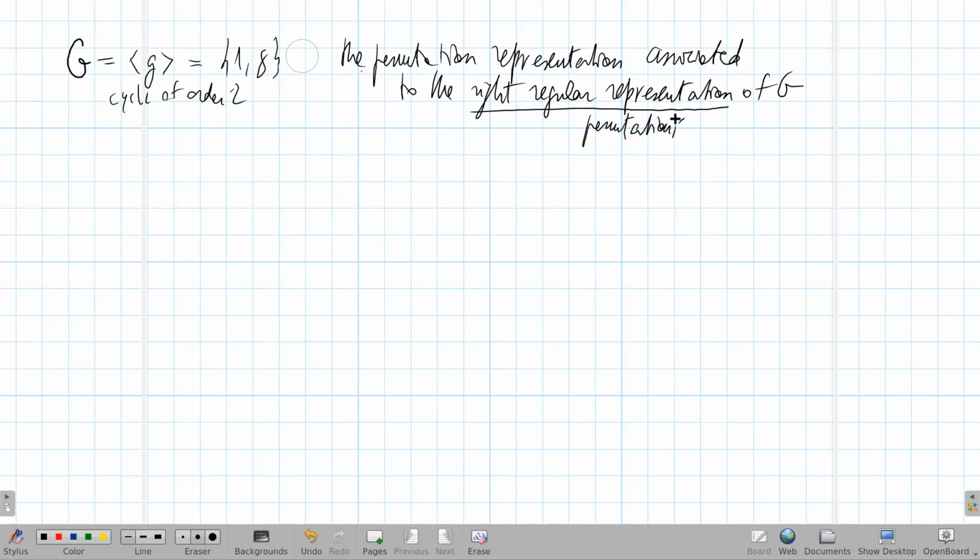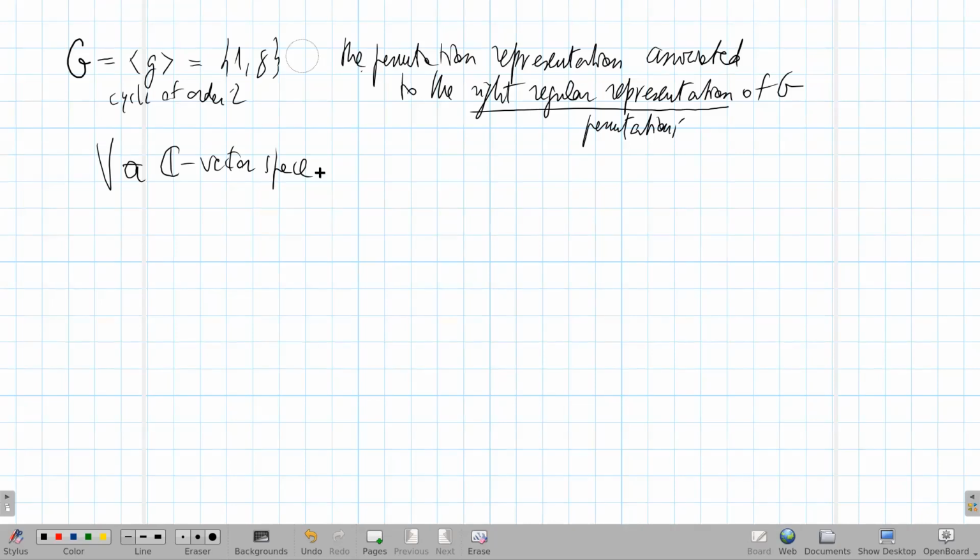What does it mean? That I take a vector space V, so a C vector space. I don't think we will have vector spaces over anything else in this course.